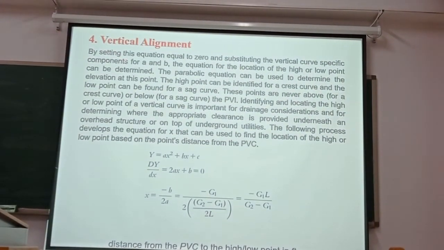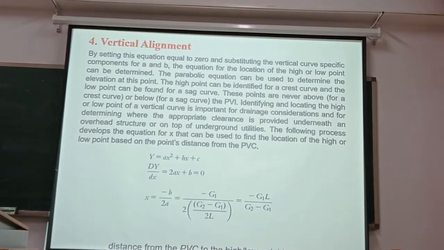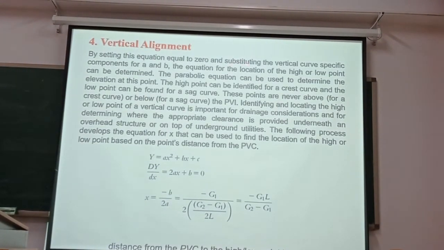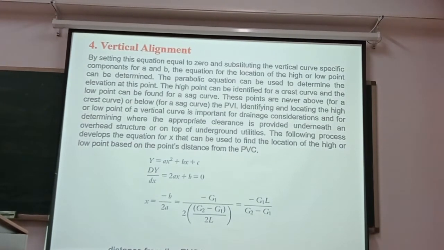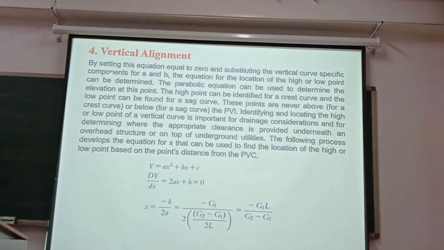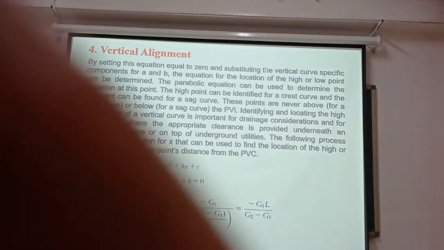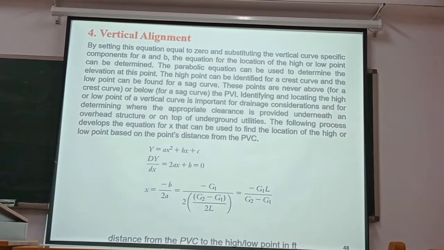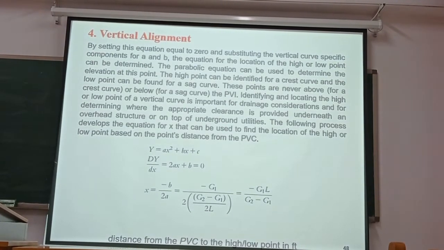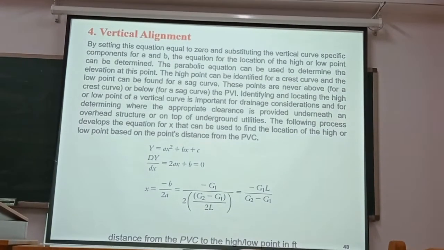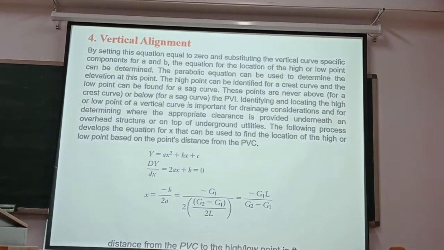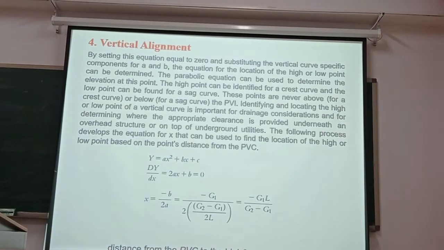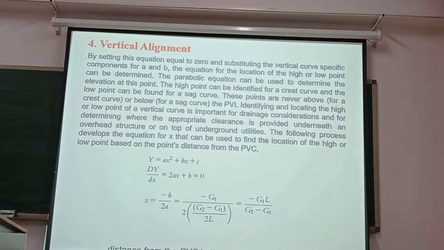By setting this equation equal to 0 and solving the vertical curve components for A and B, the equation for the location of the high or low point can be determined. When we set the first derivative equal to 0, we can find the low or high point of the curve.